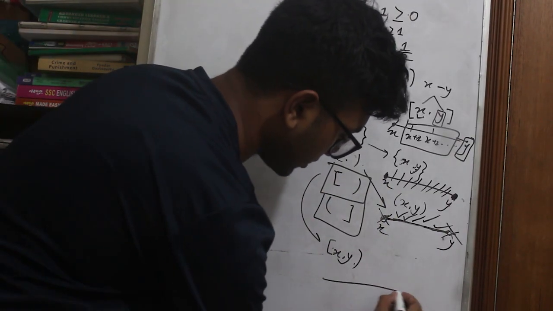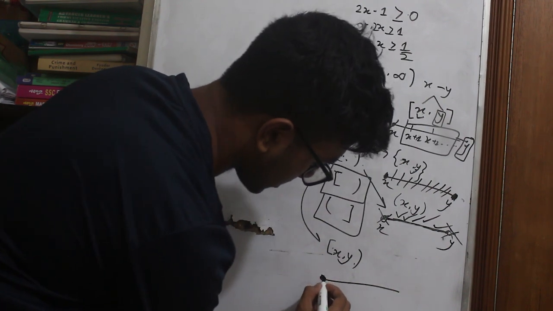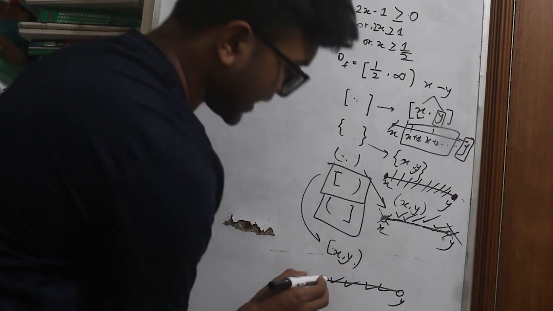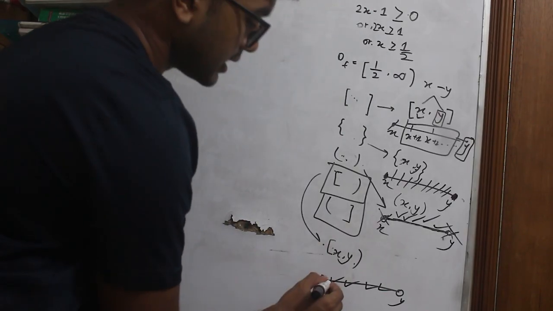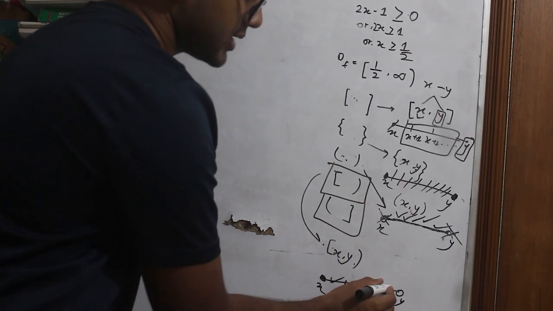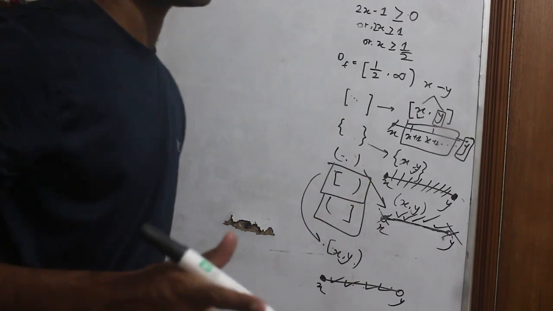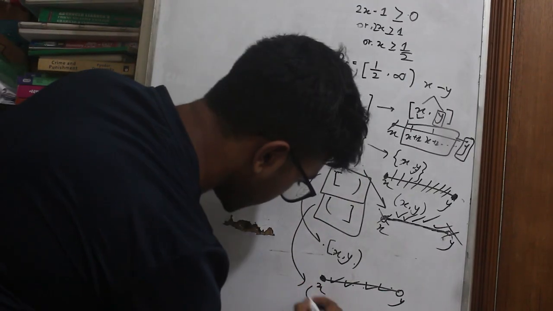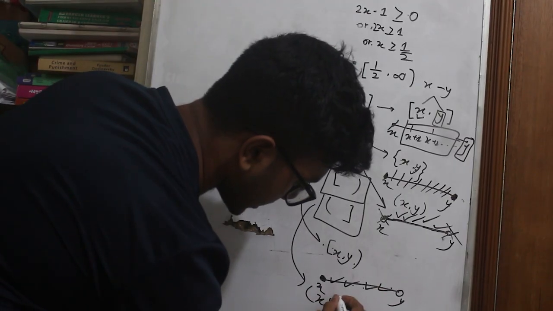If I illustrate this on the number line, it's going to be x, y. So x is included because of the third bracket, and every element between x and y is included, but y is not included. And then we go to the opposite case, which is the first bracket on x and the third bracket on y.